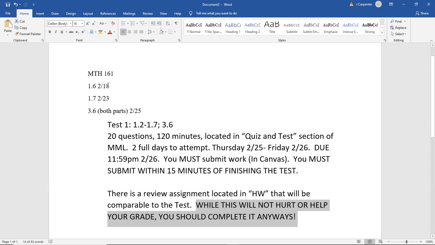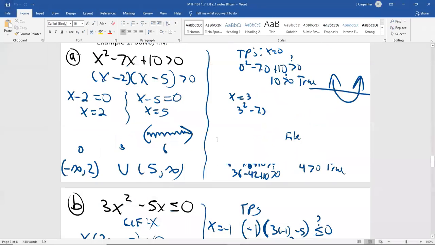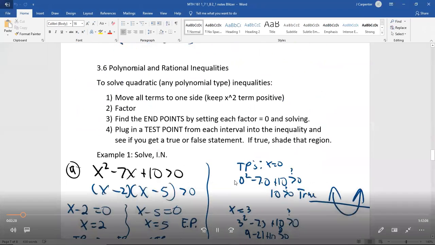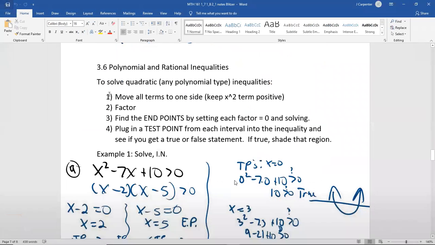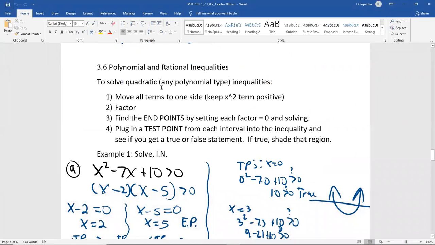All right, so we're gonna go ahead and get into 3.6 part 2 now, and let's begin. As a very quick reminder on the set of instructions, which will be pretty similar to what we're about to do. So these were the set of instructions for technically any polynomial inequality, but I said for the point of our course, I'm only going to give you quadratics in the homework and on the test, at least definitely on the test.